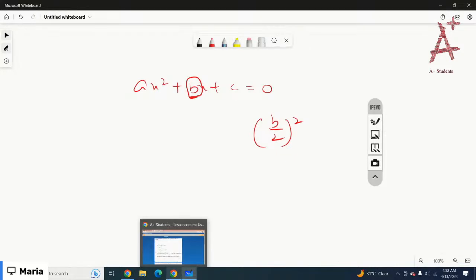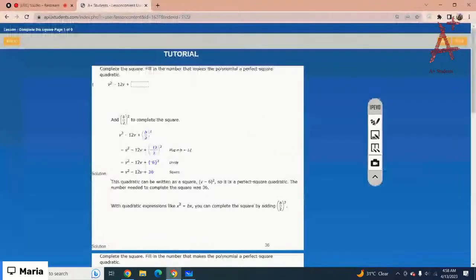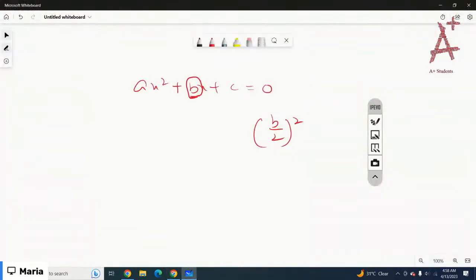It would be v square minus 12v plus the missing number square, which is not complete. You have to complete the square. This is b.